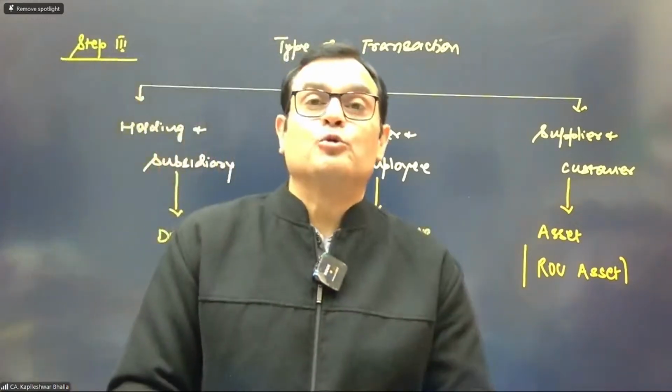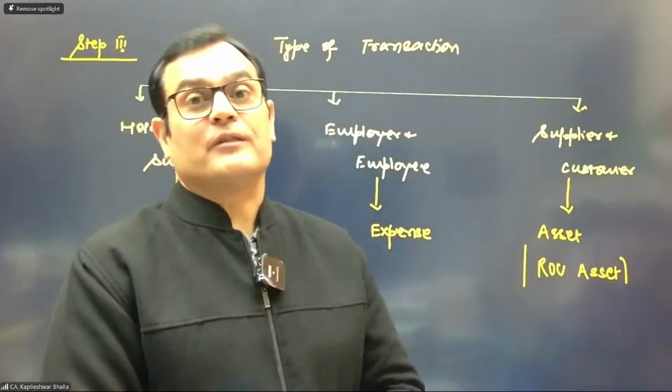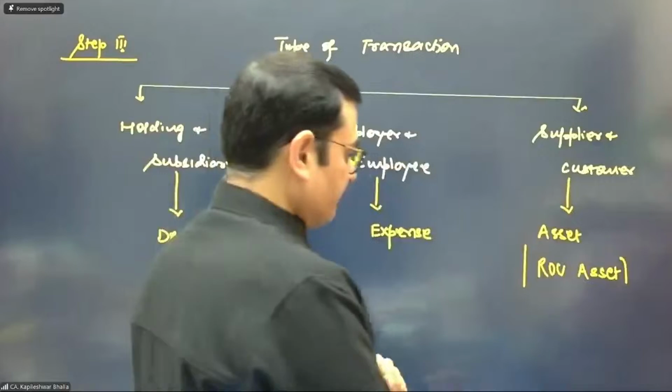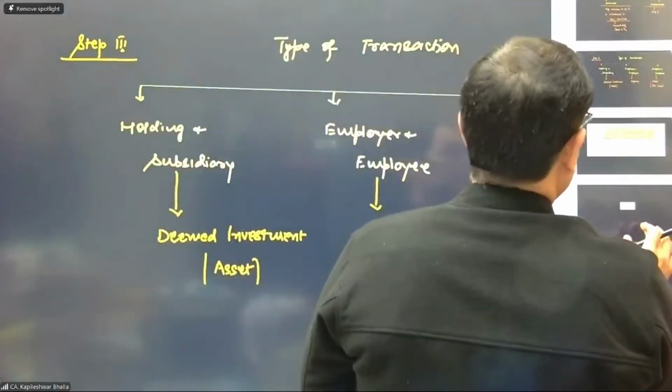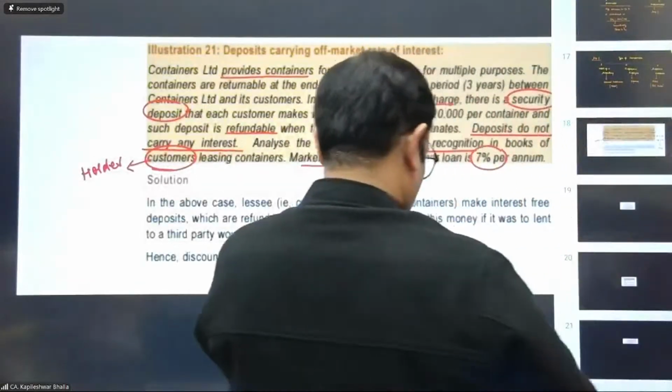Now we are ready to do some questions with you. This is my 3-step model in terms of transaction and fair value. So let's begin with the cases. Let me now come to the questions in the study material based on this.